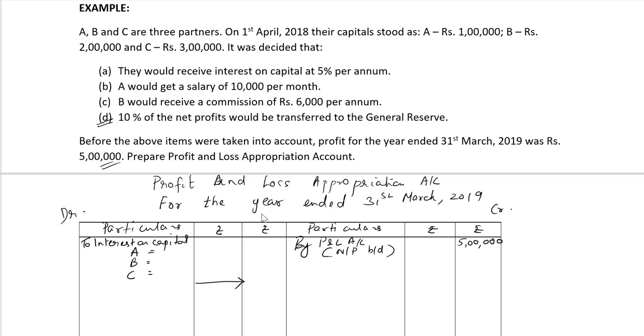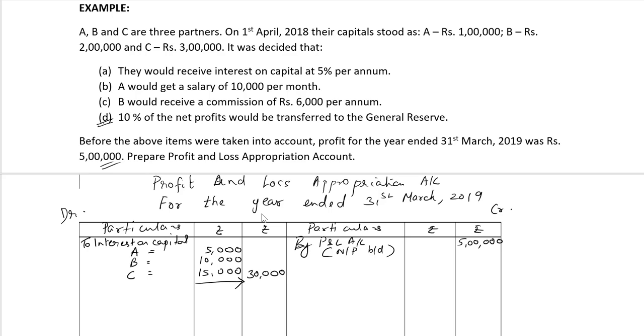So 5% on 1 lakh for A, rupees 5,000. For B, rupees 10,000, 5% on 2 lakh, and for C 5% on rupees 3 lakh capital, which is 15,000. Total 30,000 to the outer column.